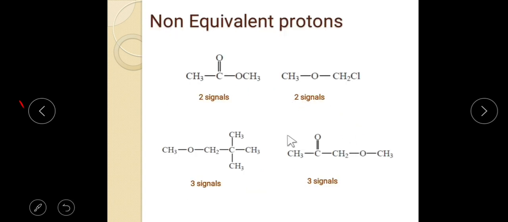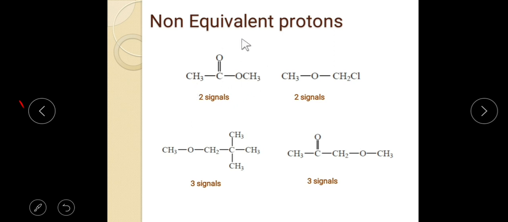To continue with the basics, you can see this is the methyl acetate molecule. Now this CH3 is attached to the CO and this CH3 is attached directly to the oxygen. That means these two are in different chemical environments. So this will show one signal and this CH3 will show another signal.